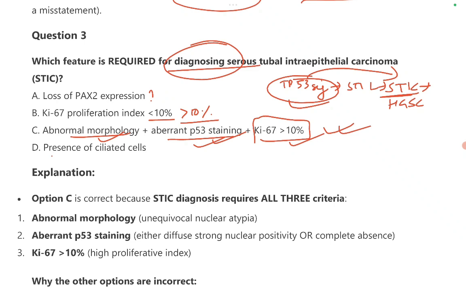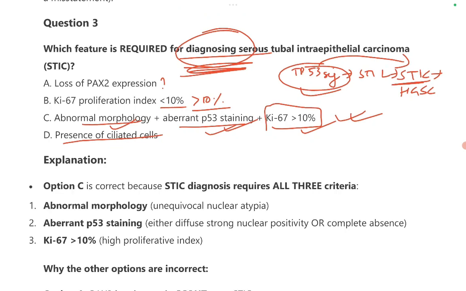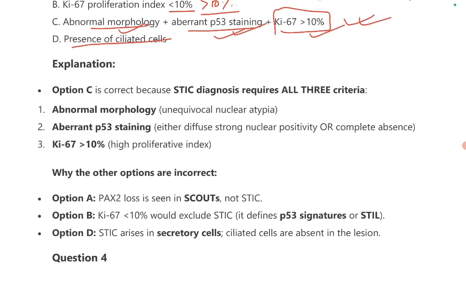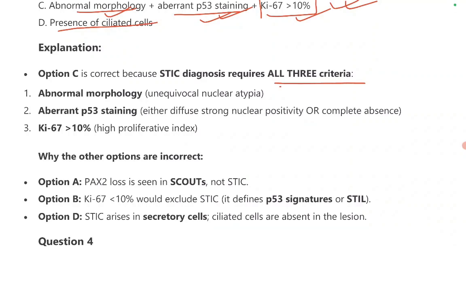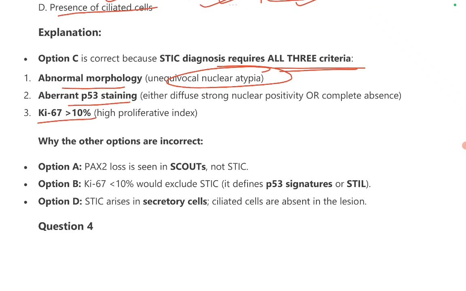And in option D, we have presence of ciliated cells. So this is also not a diagnostic criterion for a STIC lesion. The answer is C, and it requires all three criteria for diagnosis, that is abnormal morphology with unequivocal nuclear atypia, aberrant P53 staining, and Ki-67 of greater than 10%.